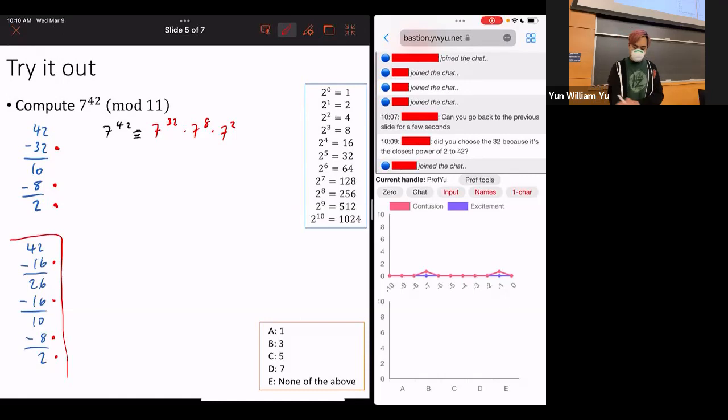And so basically what we need to figure out is 7, 7 squared, 7 to the 4th, 7 to the 8th, 7 to the 16, and 7 to the 32. Those are the things you need to figure out in mod 11 arithmetic.